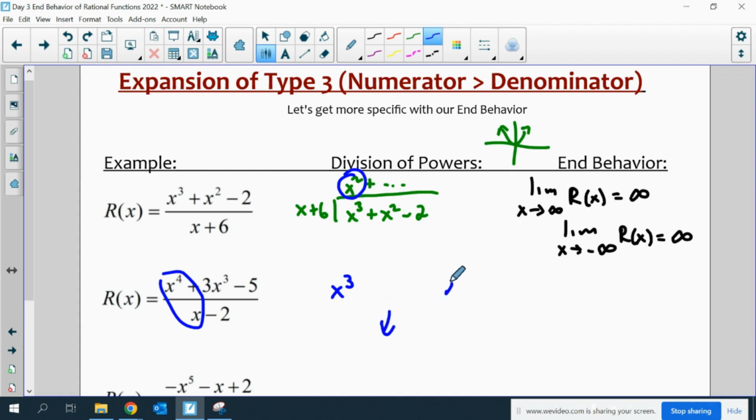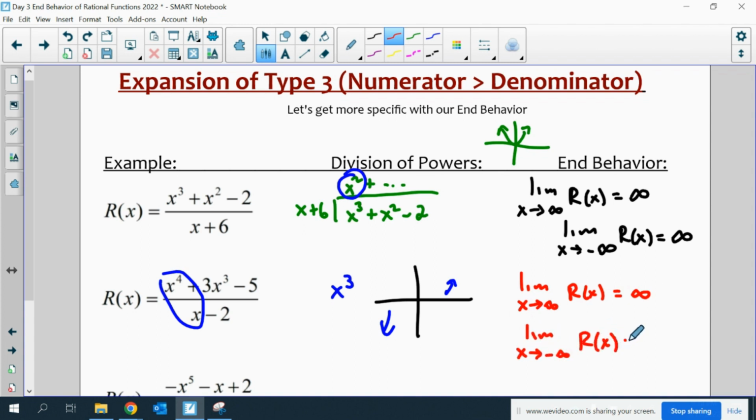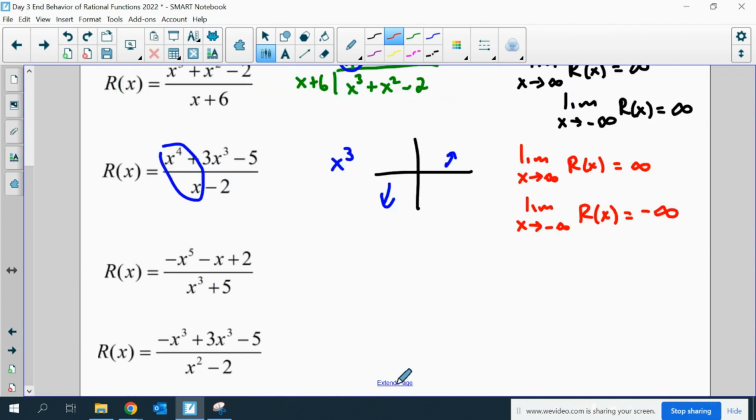X cubed, the end behavior, is going to go down to the left on the graph and up to the right on the graph. So the limit as x approaches positive infinity of r of x is going to be positive infinity, and the limit as x approaches negative infinity of r of x is going to equal negative infinity.